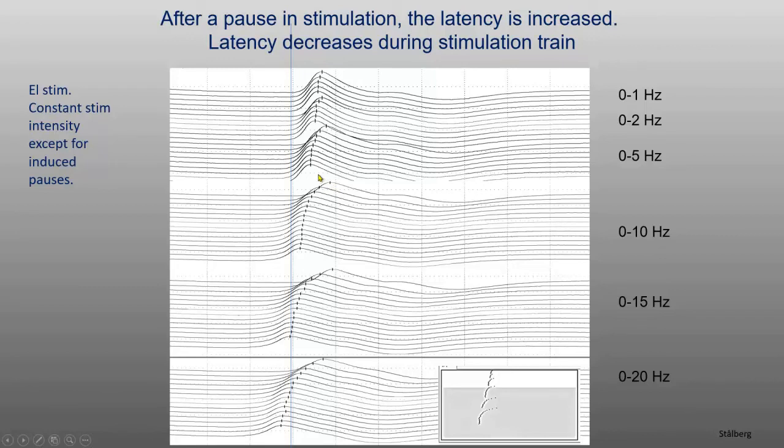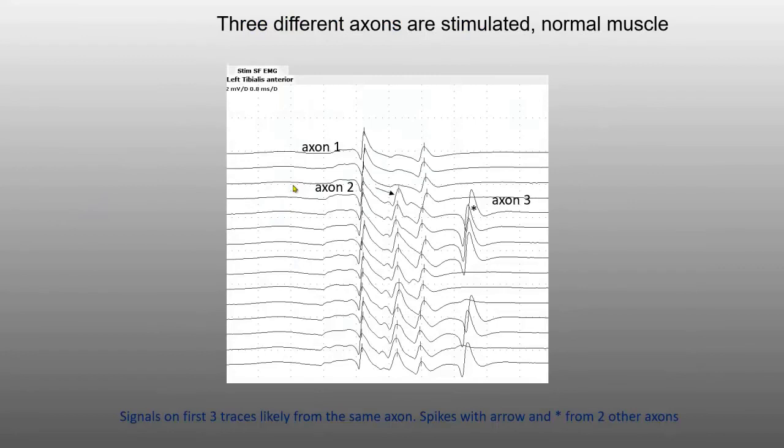And if this pause comes in irregular intervals, it will add to the jitter. This irregularity is seen during voluntary activation, which adds a little to the jitter. And also if we have impulse blocking, that is disturbing both during voluntary activation and at electric stimulation. This is the most typical problem with electric stimulation.